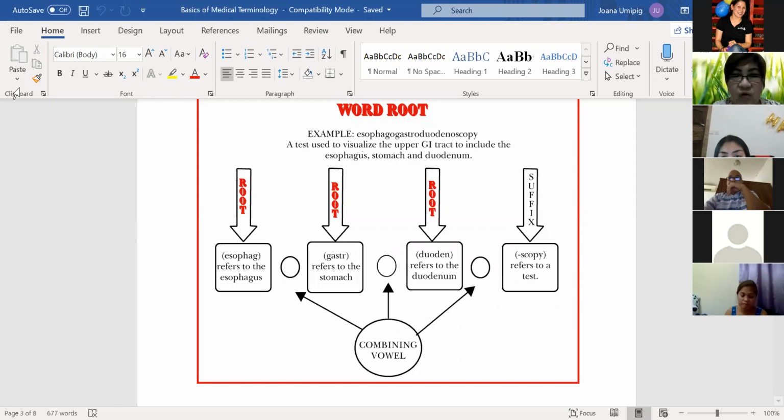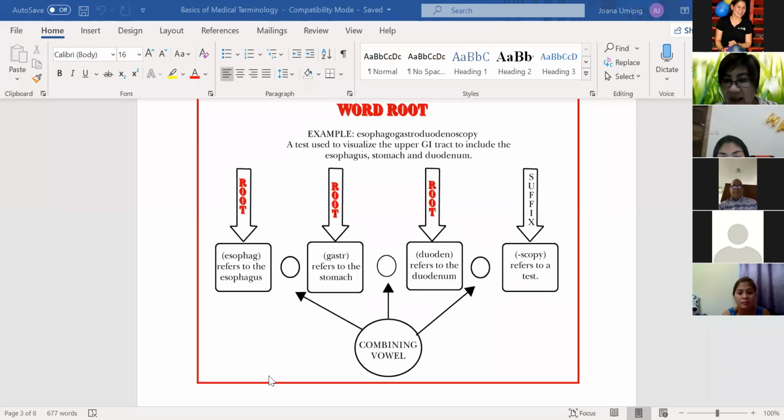Yun yung escopy. So kaya bumuo tayo nito, yung combining niya is yung O. Diba? So, esophago, gastro, okay, duodenoscopy. So, see here?